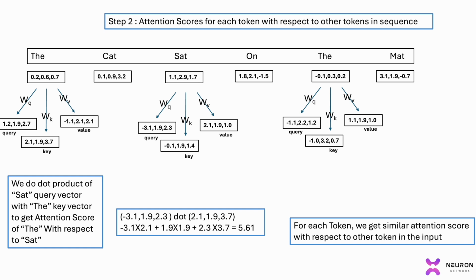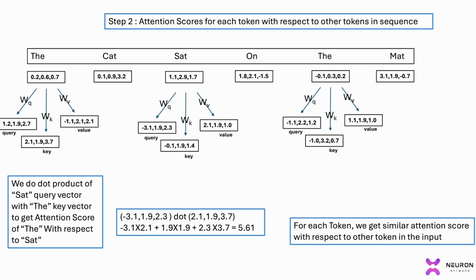For "sat" we'll have 6 such numbers: 5.61 with "the", then another number for "cat", another for "sat" with "sat", another for "sat" with "on", and so on. So there will be 6 attention scores for the "sat" vector itself.